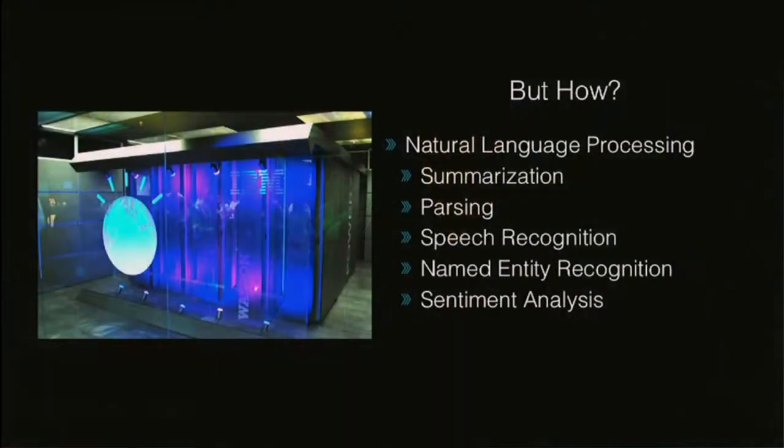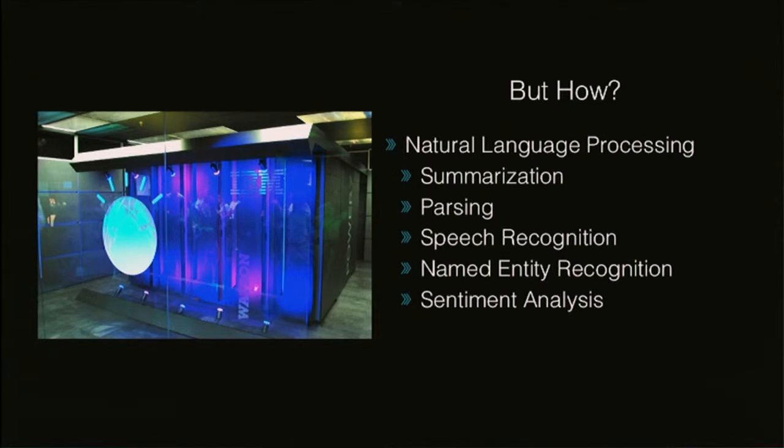And we do this by a process in computer science which is called natural language processing. There are a lot of different facets of natural language processing. Some of them you might be familiar with, like summarization, parsing, which just about every application you use probably does some sort of parsing.